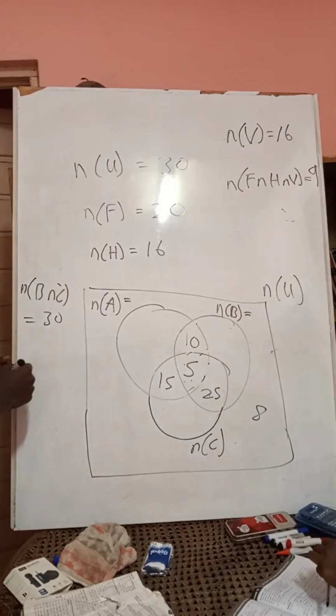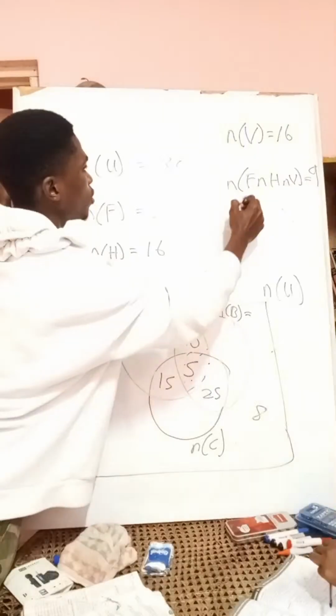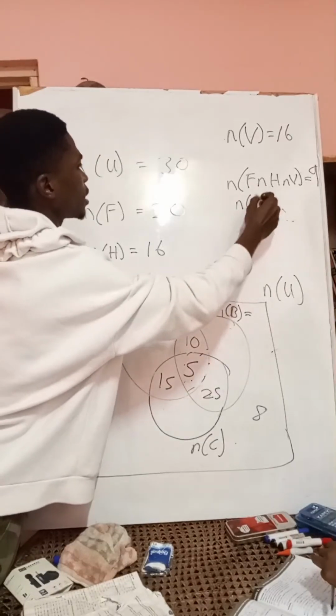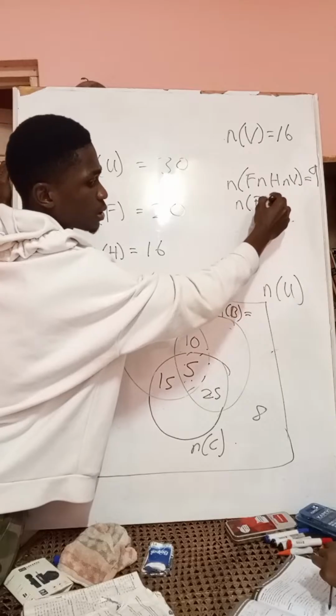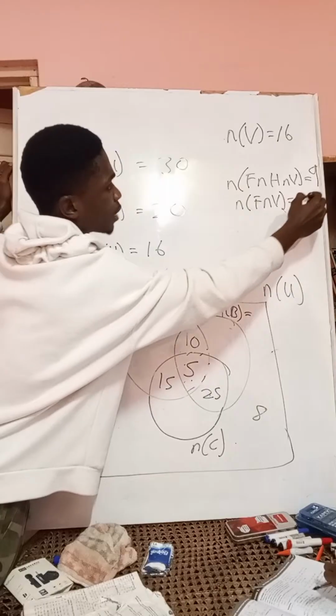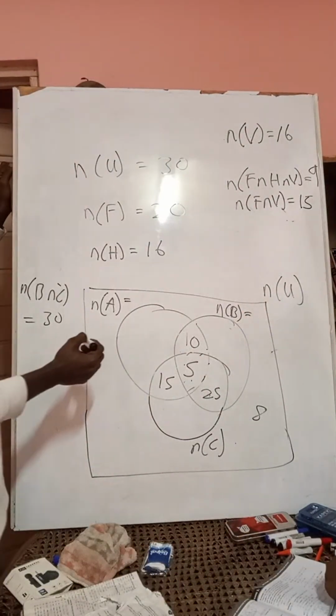So football and volleyball means football intersection volleyball. Number of F intersection V equals 15. Fantastic.